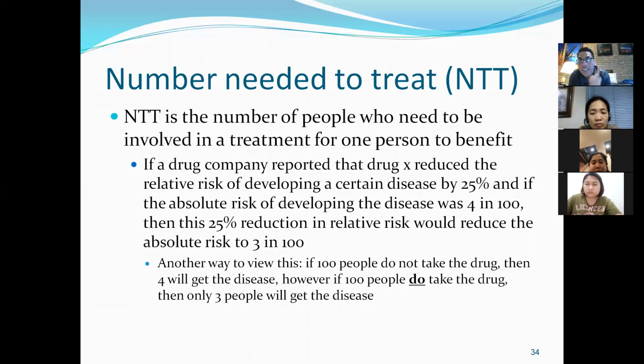However, if 100 people do take the drug, then only 3 people will get the disease. You could just imagine what's the difference. You will need 100 people to take the drug in order to prevent one case, as 3 people will get the disease. Now, that's what you call the number needed to treat.